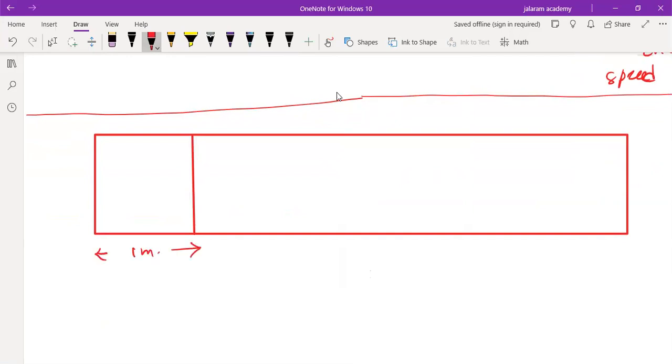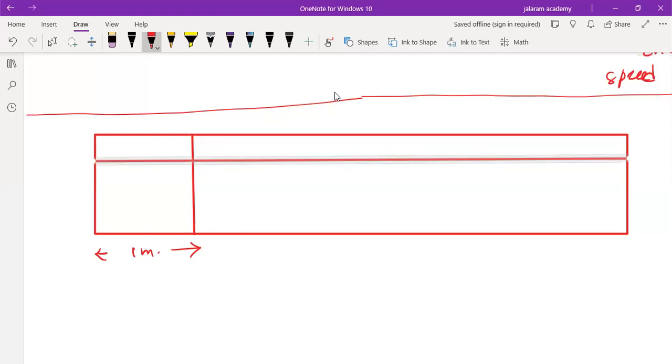This is 1 meter. And the cost of 1 meter of cloth can be changed if its breadth is decreased. Clearly, when breadth decreases, the amount of cloth also decreases.